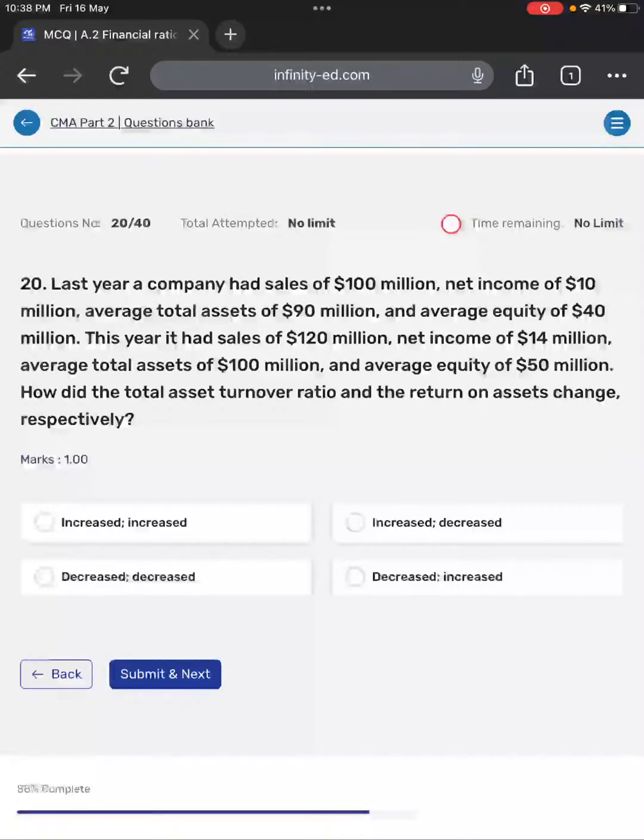This is an increase. Change: increase. And return on asset change: increase.